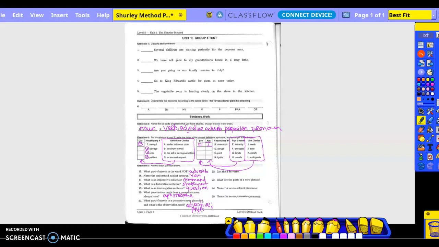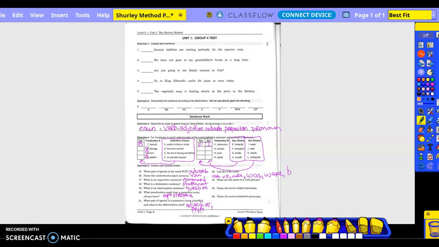List the 8 be verbs. Think about the jingle. Am, is, are. What else is it? Was, were, will.